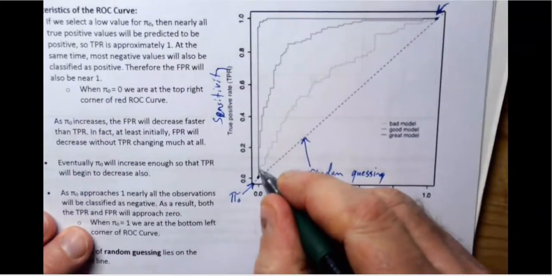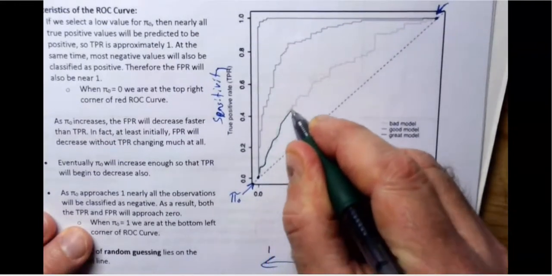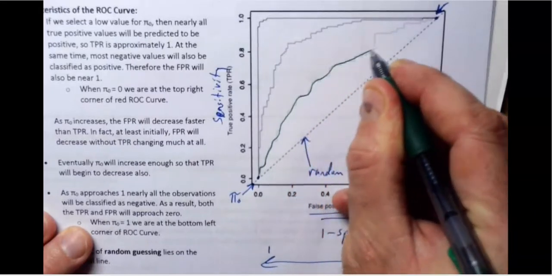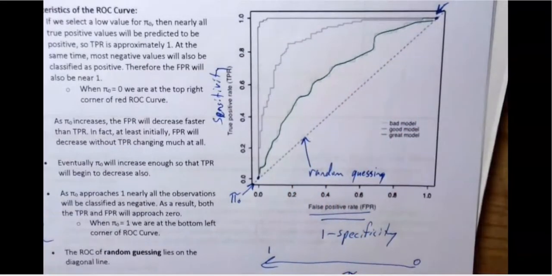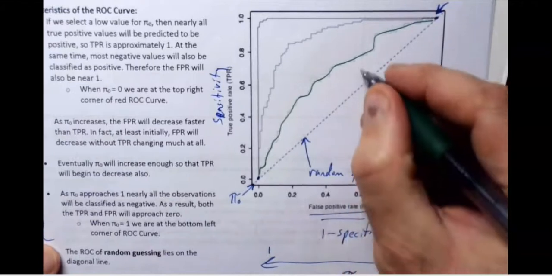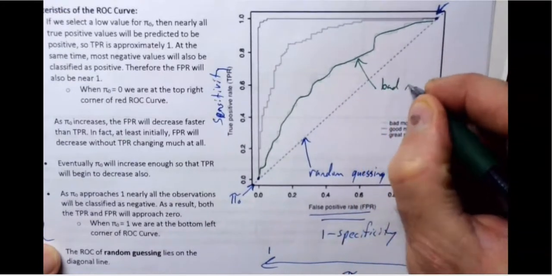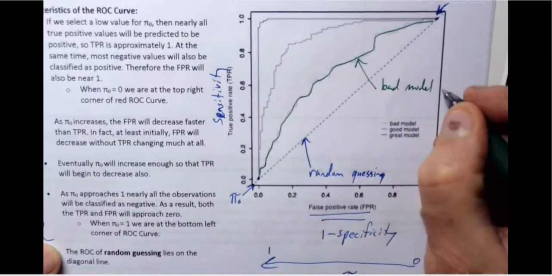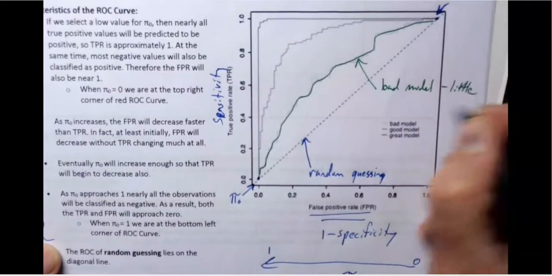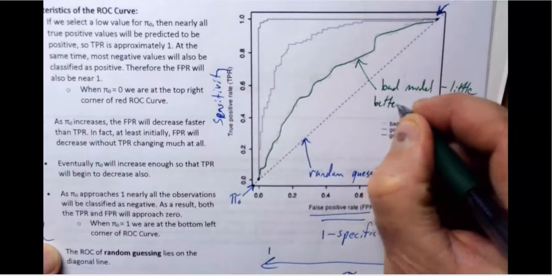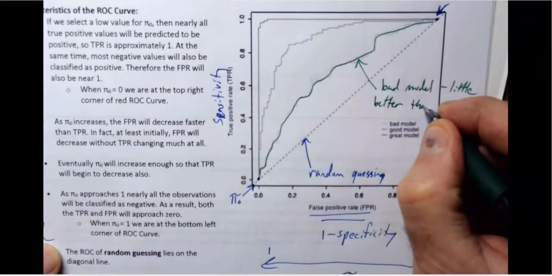This first curve, I'll just trace it here quickly, is close to the random guessing line. This is actually a pretty bad model. This is an indication of a bad model. It's really little better than guessing or than flipping a coin.